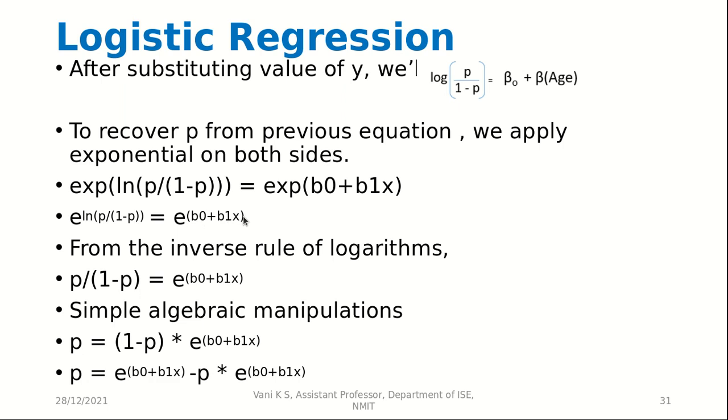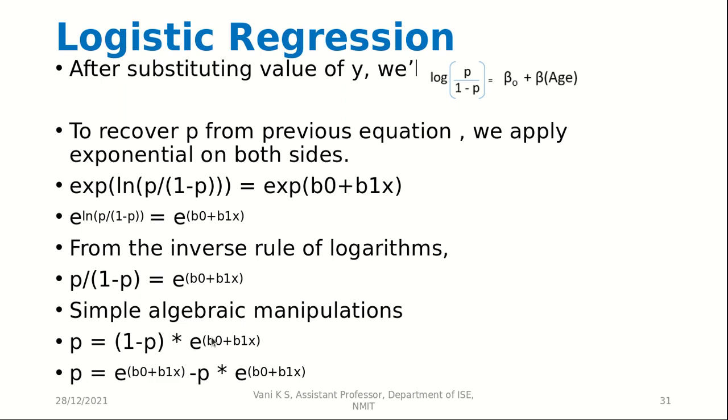Now from the inverse rule of logarithm, the logarithmic function, we can get p upon 1 minus p is equal to exponent of b naught plus b1x. Now we can again do some simple shifting of the sides, and then we get p is equal to 1 minus p into this.